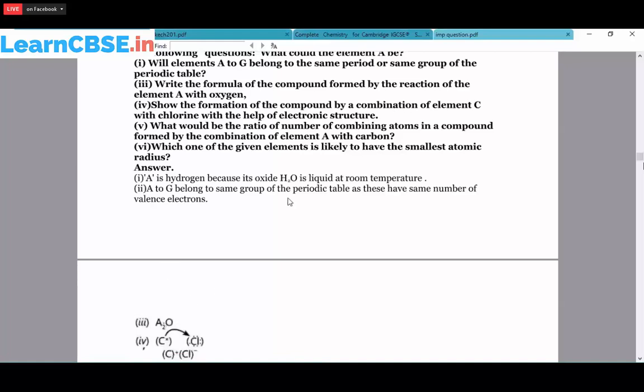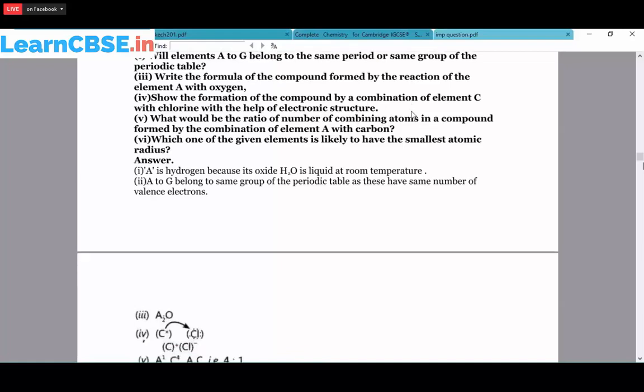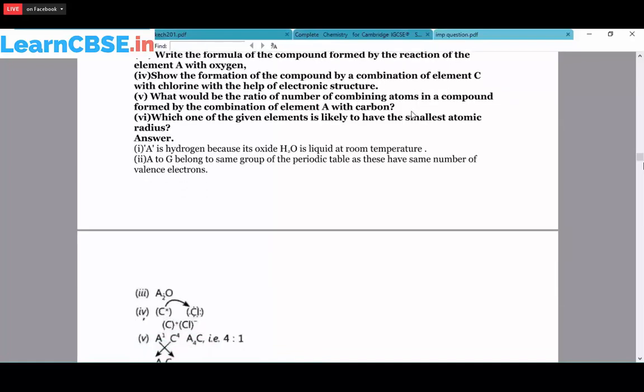Show the formation of the compound by the combination of the element C with chlorine with the help of the electronic structure. Okay. So C is giving one electron because it is present in group 1, because the hydrogen is present in group 1, so it's having 1 electron in the valence shell.